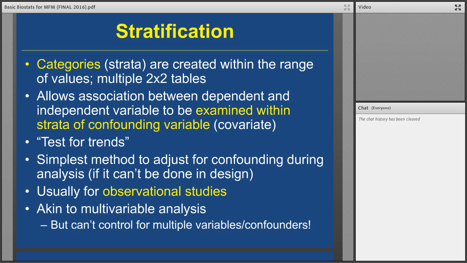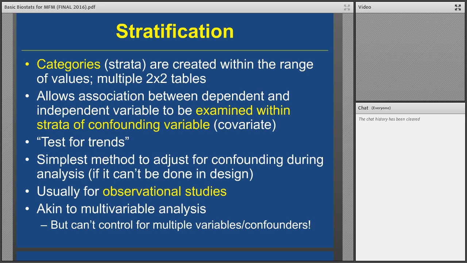So if you can't really do a multivariable analysis because of the study design for some reason, you can do this stratified analysis. And we often use stratification in randomized trials and also in other observational studies. And it's akin to multivariable analysis, but you can't control for multiple variables or confounders at the same time.